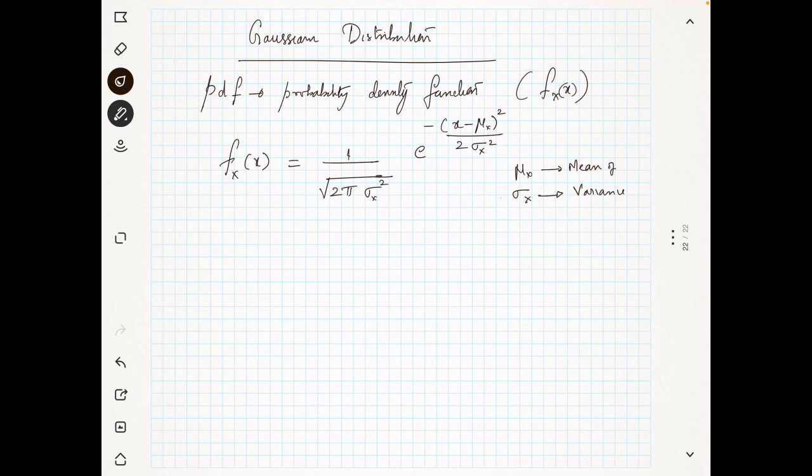So we are talking about the random variable x.